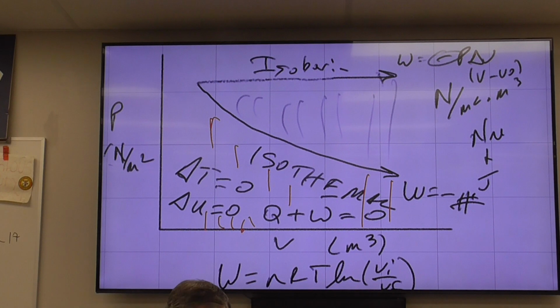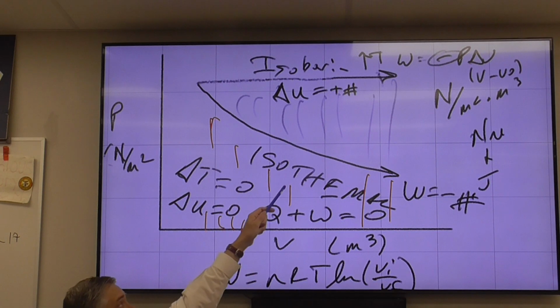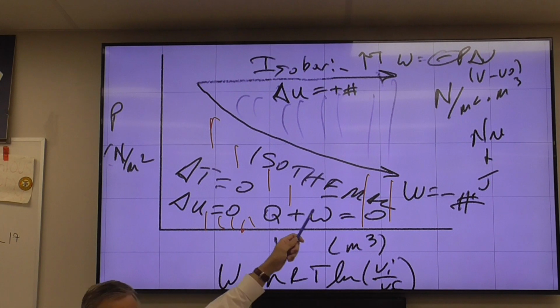So if you're going in this direction, what's going to happen is that your delta U is going to be a positive number, mainly because you have to increase the temperature as you're going across, okay? PV equals nRT. I'm keeping the same pressure, the volume's getting bigger.